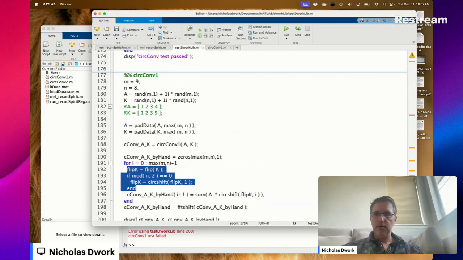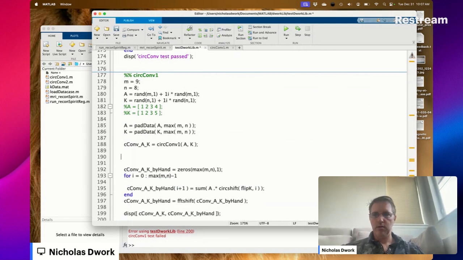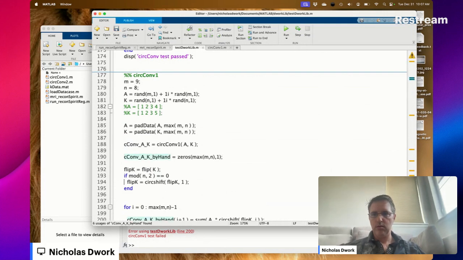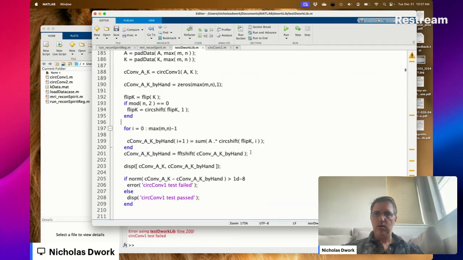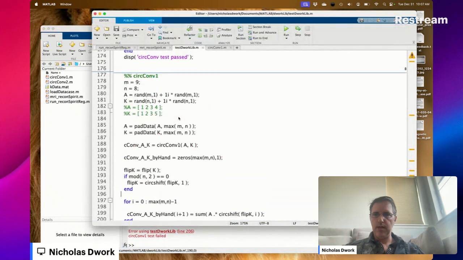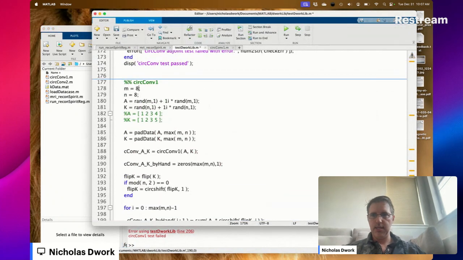All right, let's see what I broke. Let's go back to m equals 8 and n equals 8.